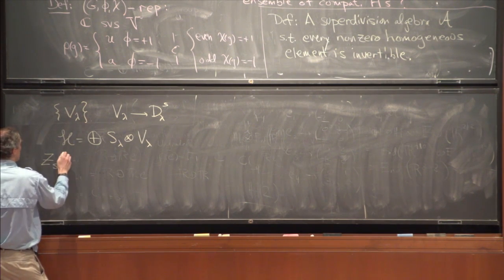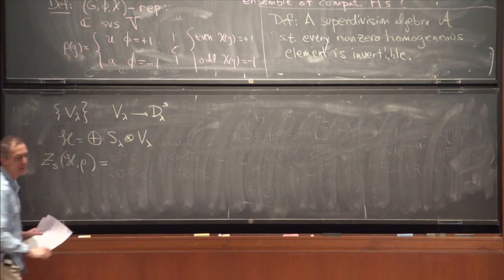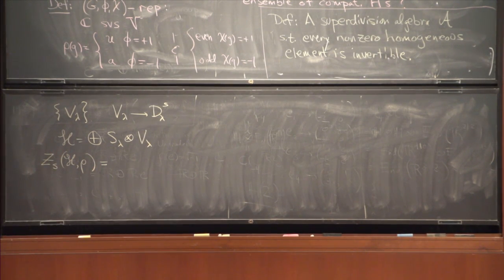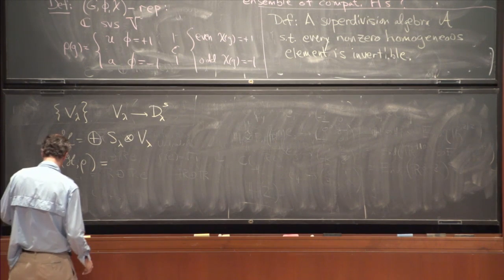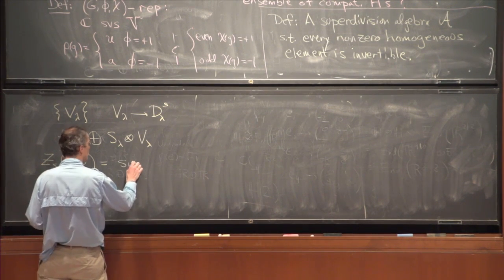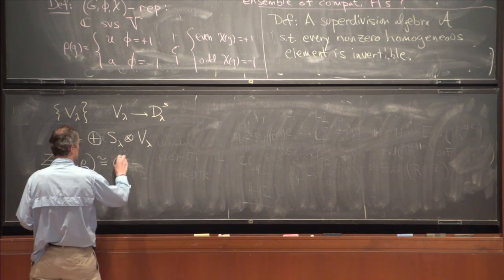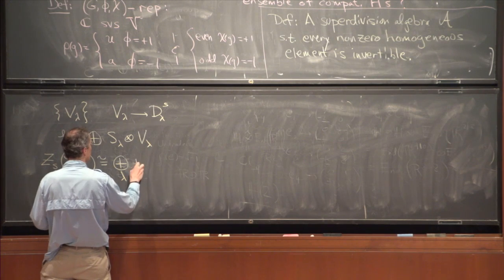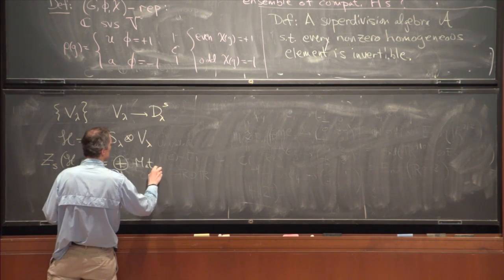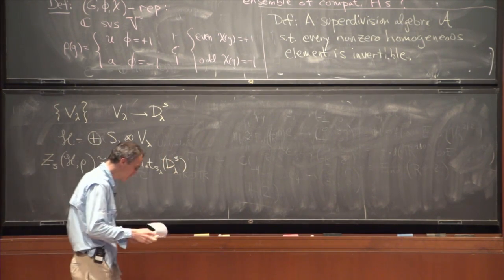And now the supercommutant, which is the supercenter of the superalgebra of all linear transformations of H to itself, so there are some extra signs there, causal signs, is the direct sum over lambda of matrix algebras S lambda by S lambda over the superdivision algebras.